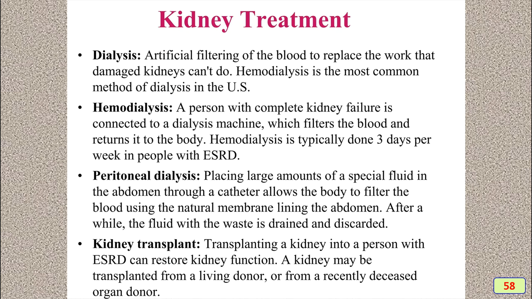And peritoneal dialysis is another method of placing large amounts of special fluid in the abdomen through a catheter, which allows the body to filter the blood using the natural membrane lining of the abdomen. After a while, the fluid is drained out with the waste and discarded.